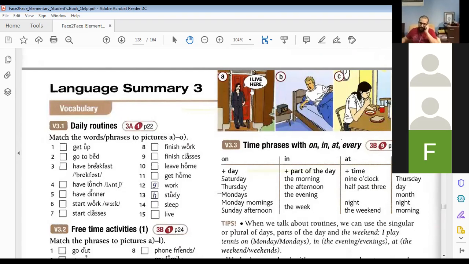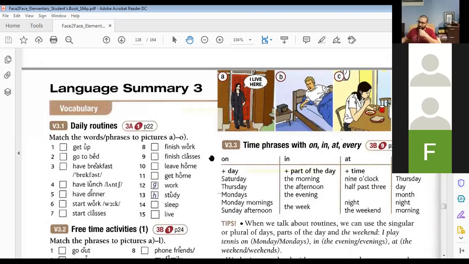A, I live here. What's this? Which one is this, do you think? What do you think? Get home. Okay, maybe get home, or maybe leave home.